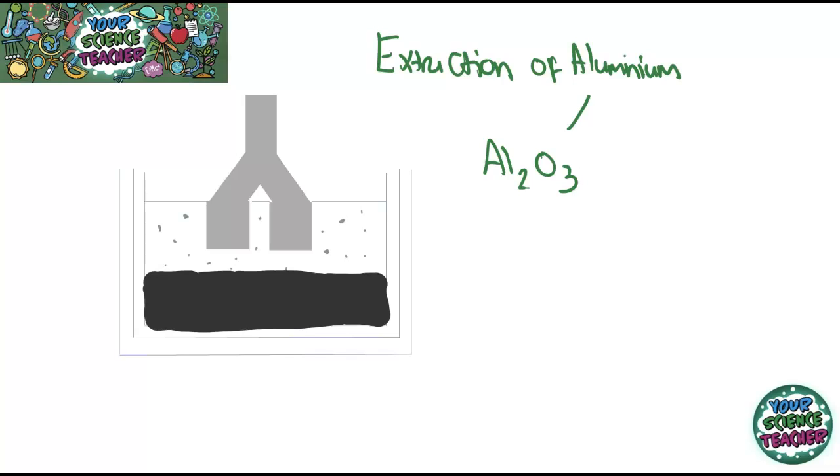Another name for this, and your teachers may have told you this, is bauxite. This electrolysis works in exactly the same way as all of the other electrolysis, so the same principles. I have my two electrodes: my positive electrode, which is called my anode, and my negative electrode, which is called my cathode.